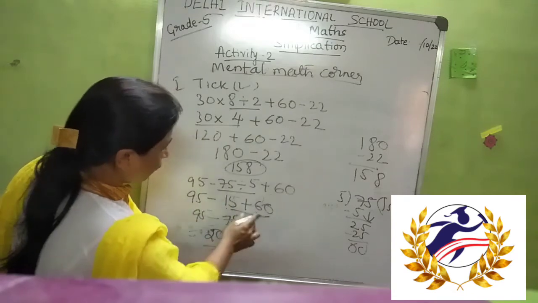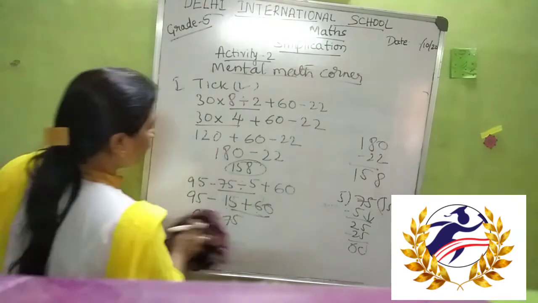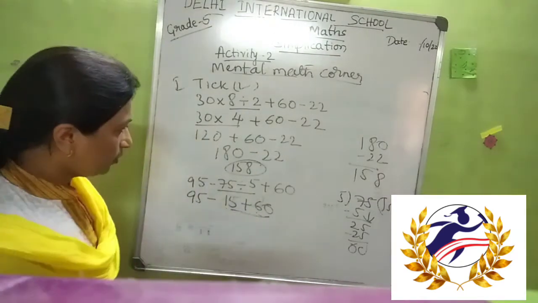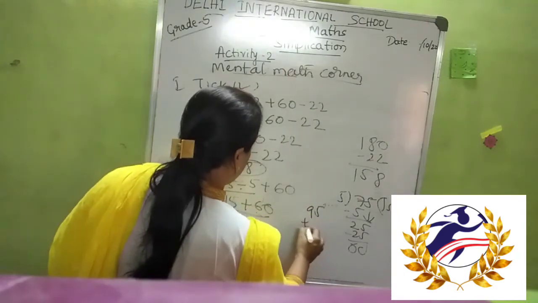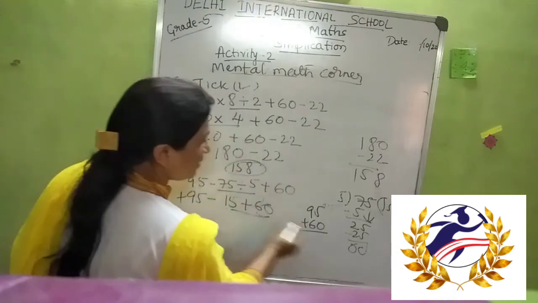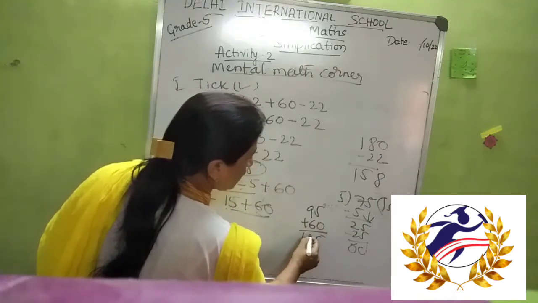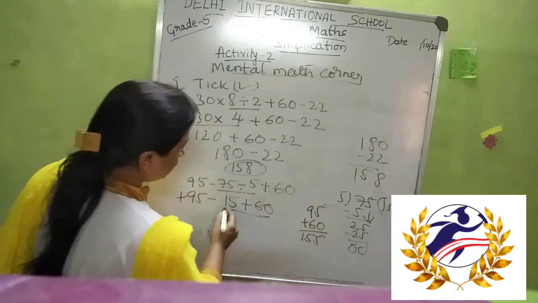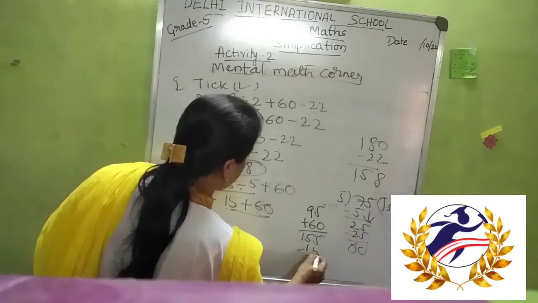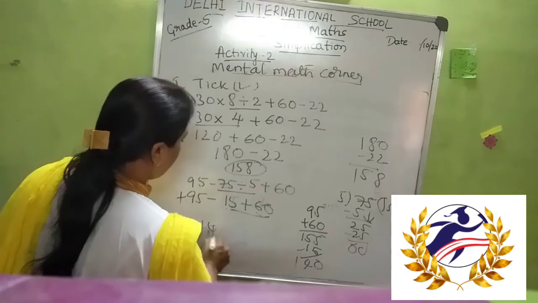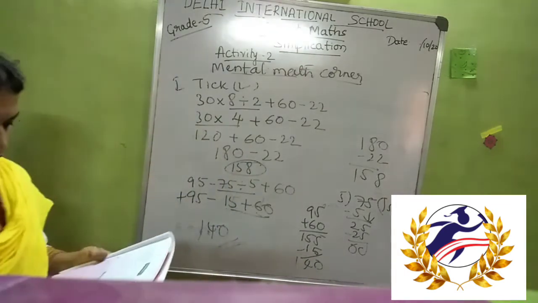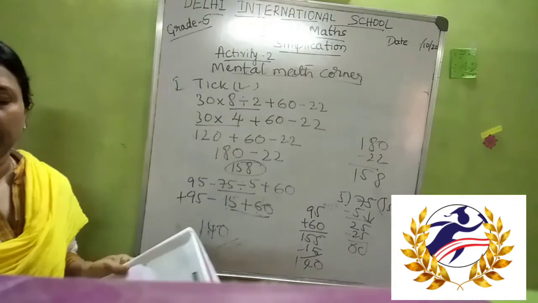So when I do these two, they are plus, 95 plus 60 I need to do first. So 9 plus 6 is 155. So when I do minus of 15, 5 minus 5 is 0, 15 minus 1 is 14. So 140 is the answer for this. 140, third one is the answer for this.